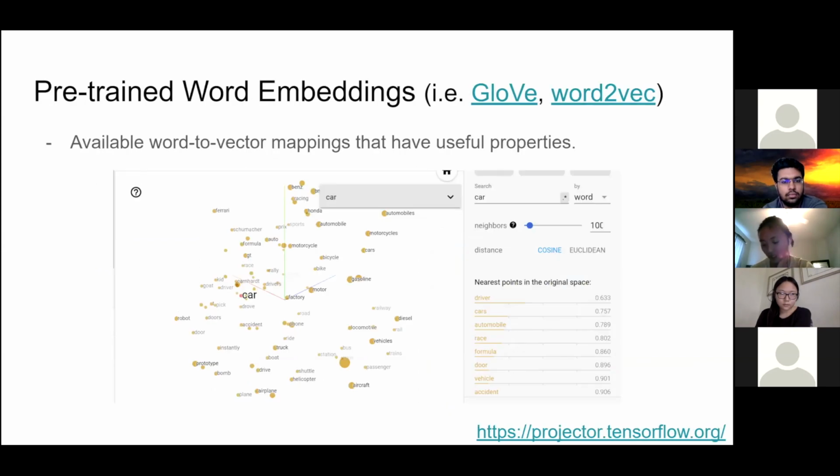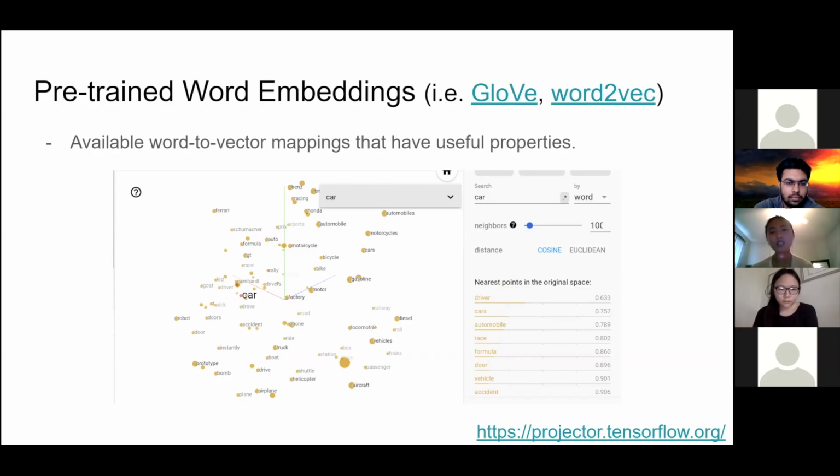So in practice, what you would want to do when you're building a natural language model is download from the internet a set of pre-trained word embeddings. Someone else has created this mapping from common words to vectors that captures some semantic meaning.